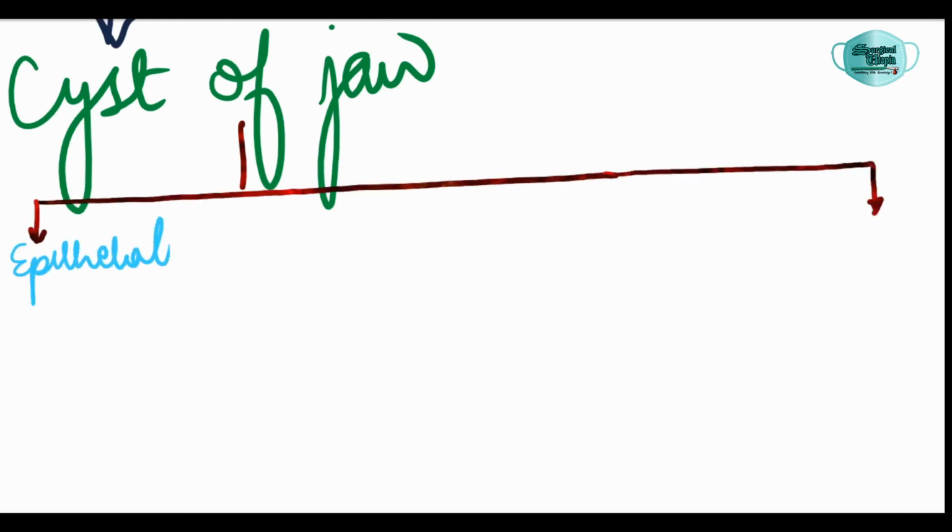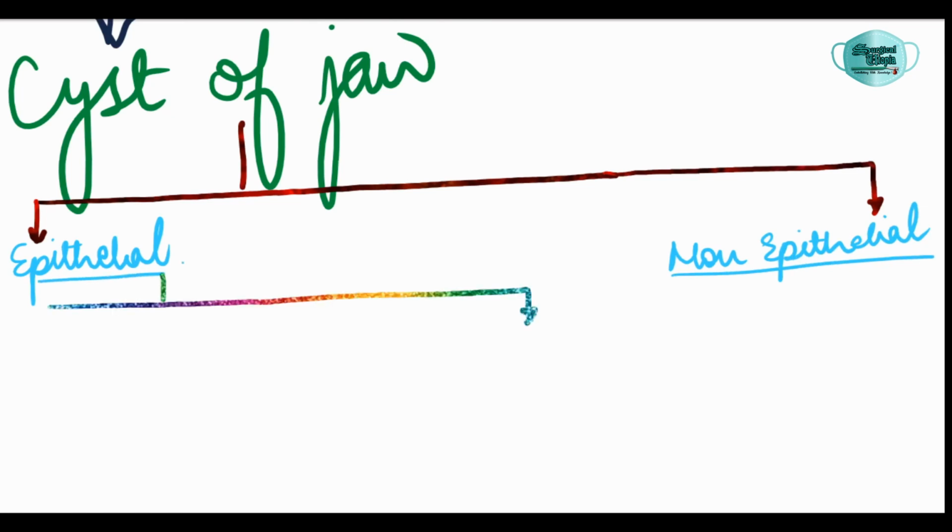Cysts of the jaws are further divided into two categories: cysts originating from epithelial cells, or cysts which are not associated with epithelium. The cysts from epithelial origin can be divided into the odontogenic origin, that is originating from the tooth, and the non-odontogenic origin.